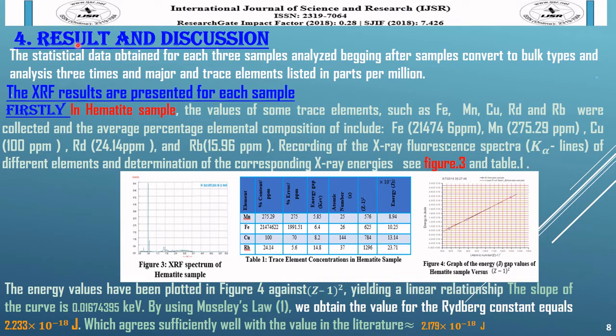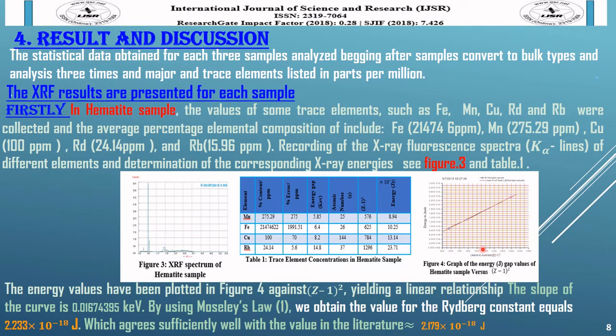Result and discussion. The statistical data obtained for each of the three samples were analyzed after the sample was compared to the blank, analyzed three times, and major and trace elements are listed in parts per million. Here, for the hematite, we have this table and figures.